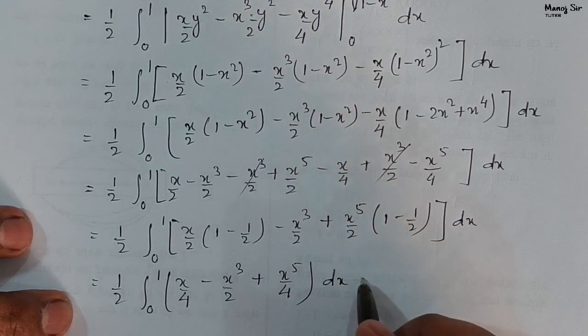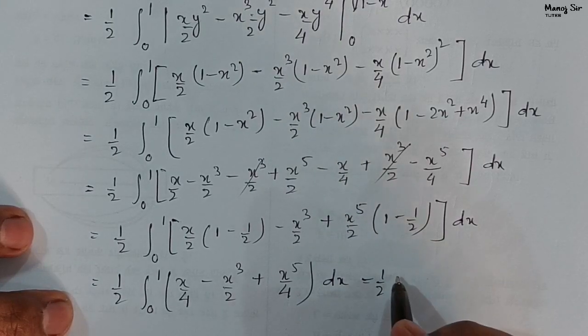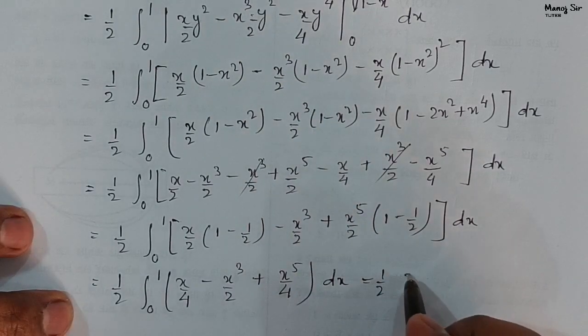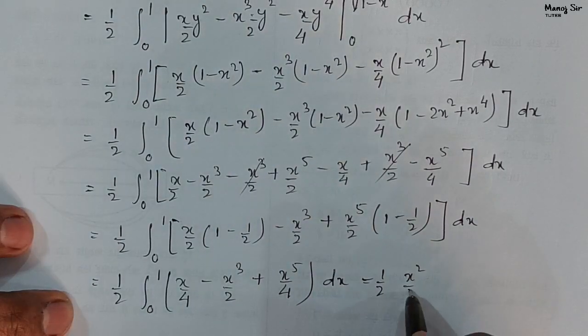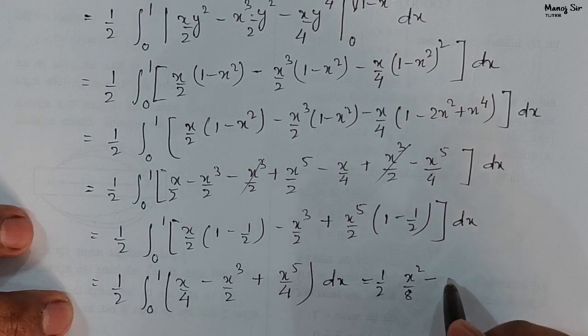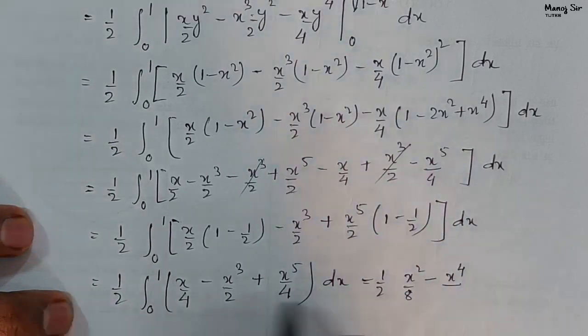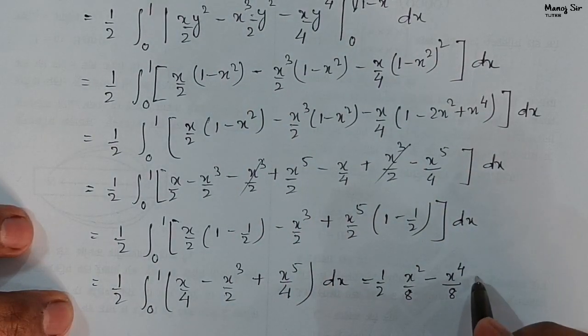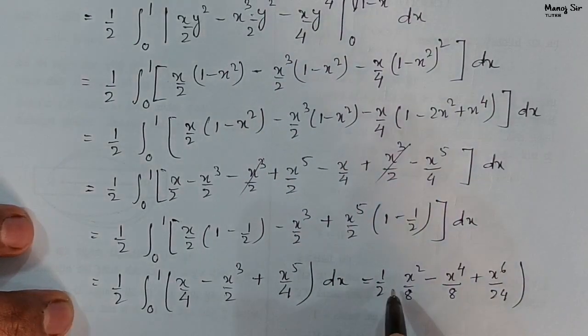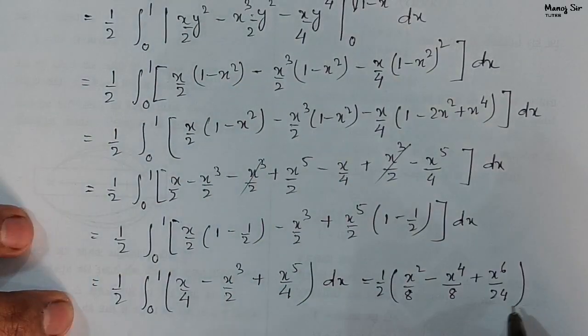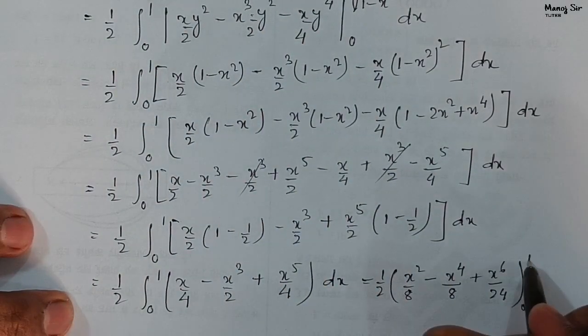So this is going to be half times: x square upon 2 into 4, that is 8, minus x to the power 4 upon 4 into 2, that is 8, plus x to the power 6 upon 6 into 4, that is 24. The limit goes from 0 to 1.